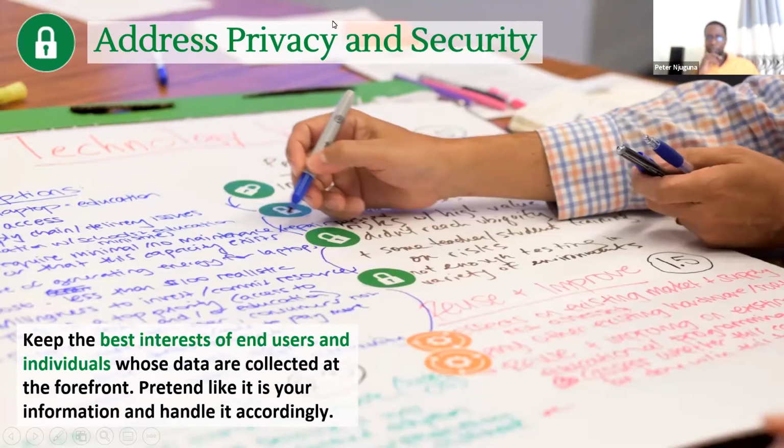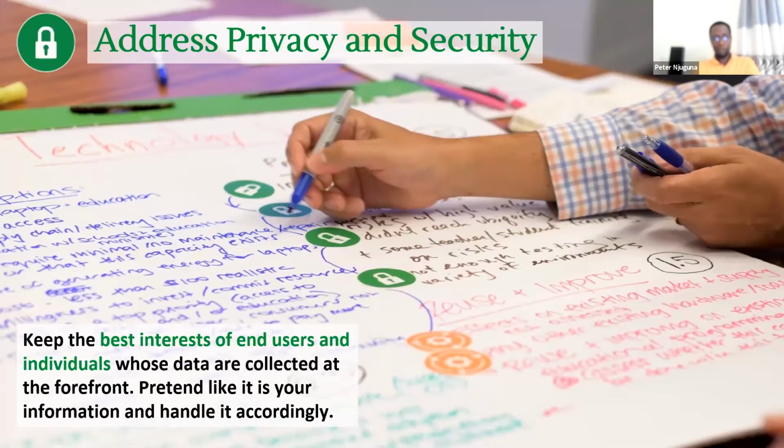Going to the principle of addressing privacy and security. This is one of the principles that most people tend to ignore or not be conscious about. And it is one of the most important, because it is currently looked at from external eyes, beyond what most development partners might think.